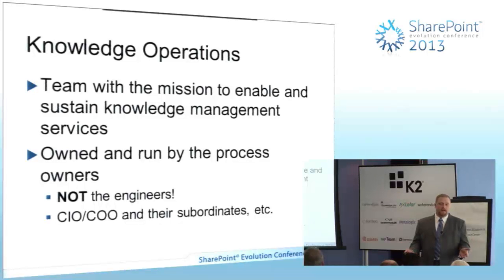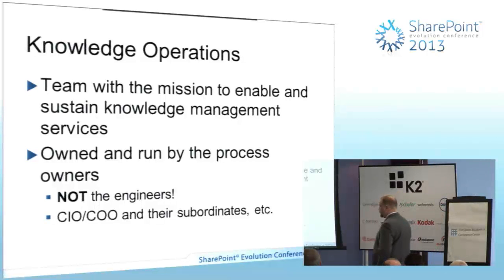Is he qualified to make that decision? Is the engineer's job to know how to build technology and to maintain it, or is his job your job? I mean, common sense, right? It's a rhetorical question. It has to be owned by the process owners, by the content owners, by the operations constructs of your organization.